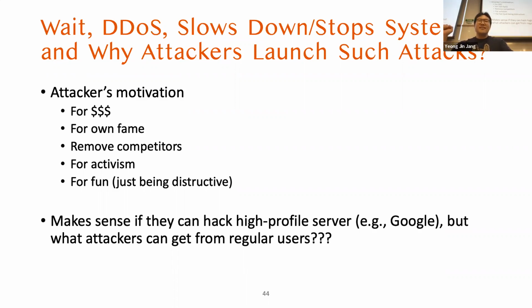But if they hack a regular user machine, they cannot earn money. That was the problem. So mostly the hacking target was the high-profile server, but by launching a DDoS attack, they can earn money. As I just explained, if there's a big tech company that cares about service availability, then blackmail them.